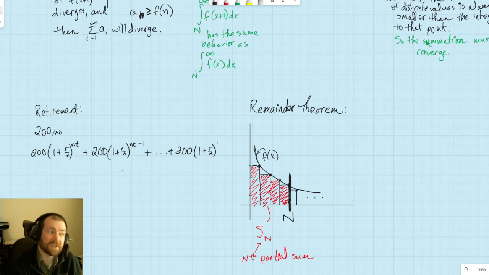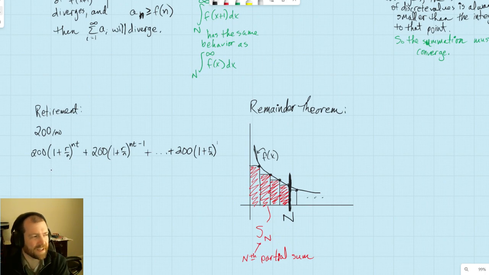And then this is a geometric sum. I was like, oh, idiot. Of course it is.